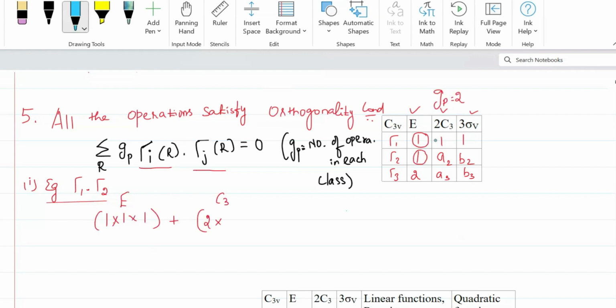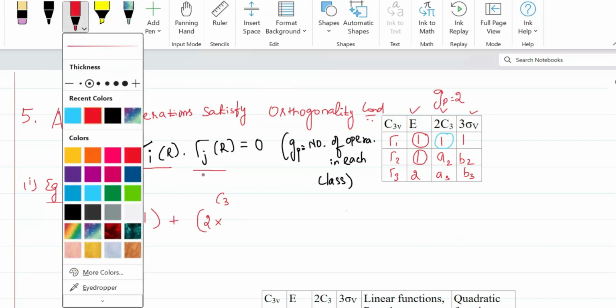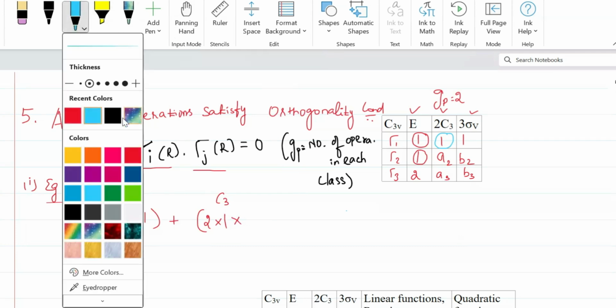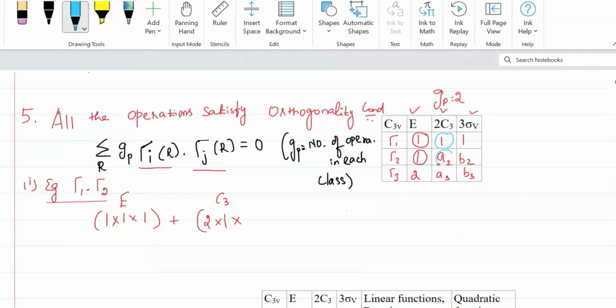the first irreducible representation character under C3. It will be 1. So here it comes 1 into, next, the second irreducible representation's character under C3. This is the one, A2. So here we take A2. Hope you are following.